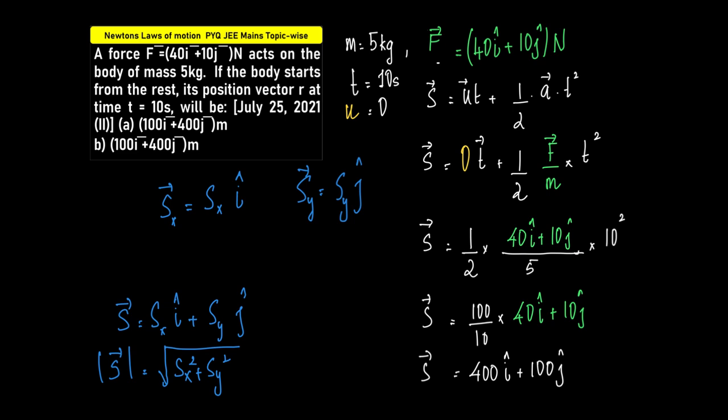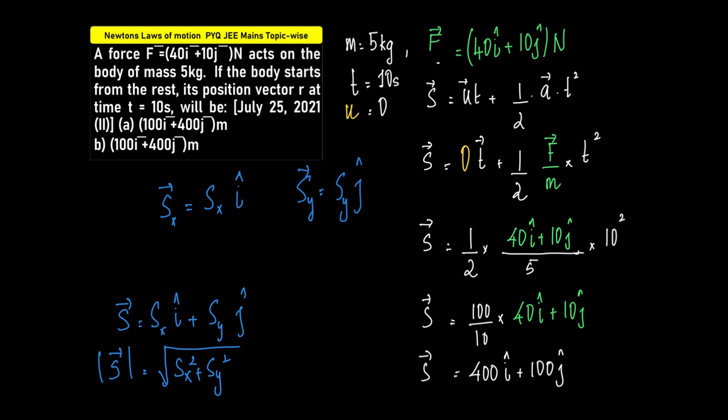Let us go one step further in this question. Why? Because most of the time there is a trend in these kinds of questions, so similar questions do come up. So let's see. If vector s can be written as Sx i plus Sy j, it actually means that the x component of this displacement vector is Sx i, and the y component of this displacement vector s is Sy j.